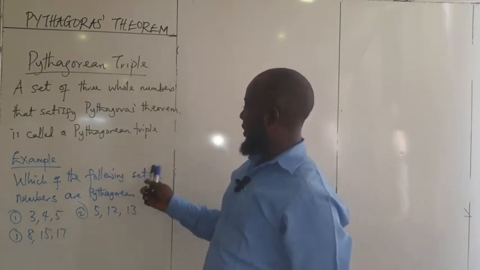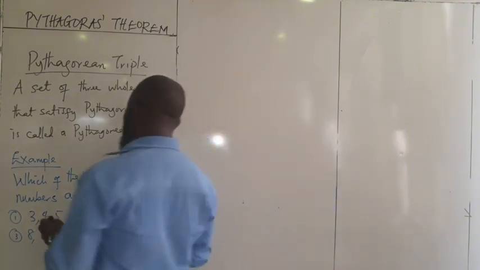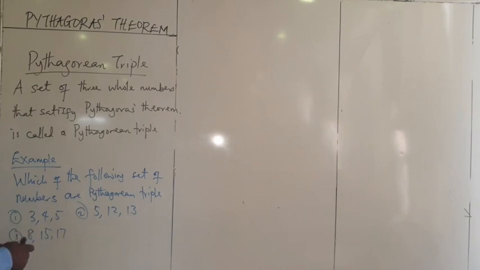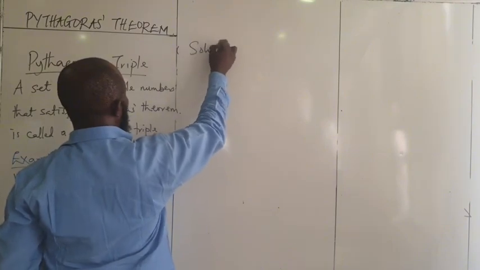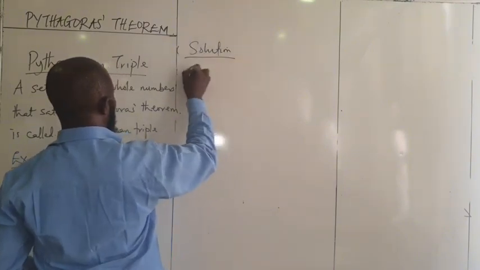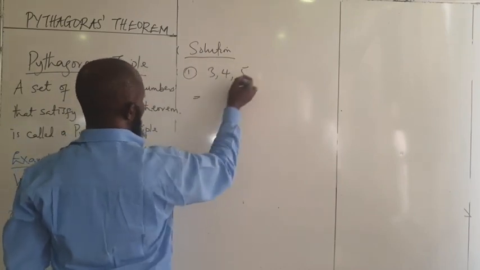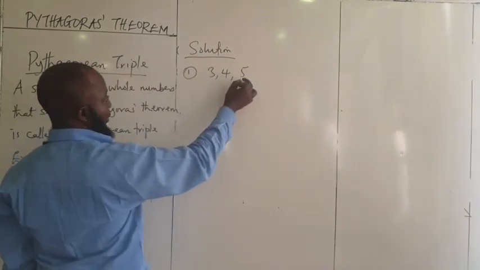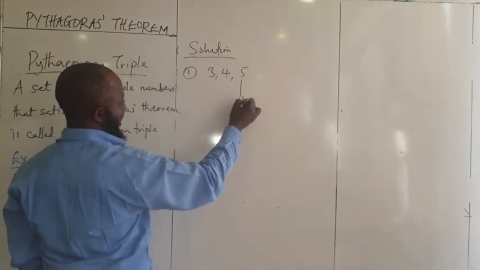Which of the following sets of numbers are Pythagorean triples? You'll be given sets of three numbers like this. The highest of them will serve as the hypotenuse, while the remaining two will serve as opposite and adjacent. For the first one, solution: we have 3, 4, 5. Because this is the highest number, it will serve as hypotenuse.